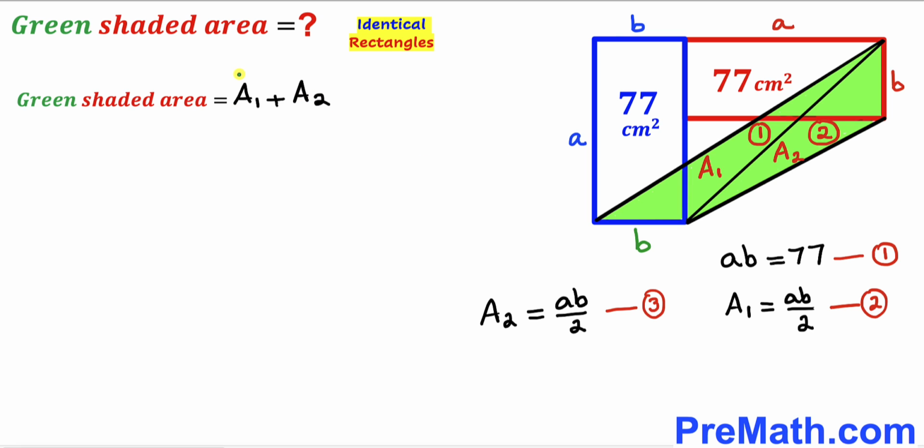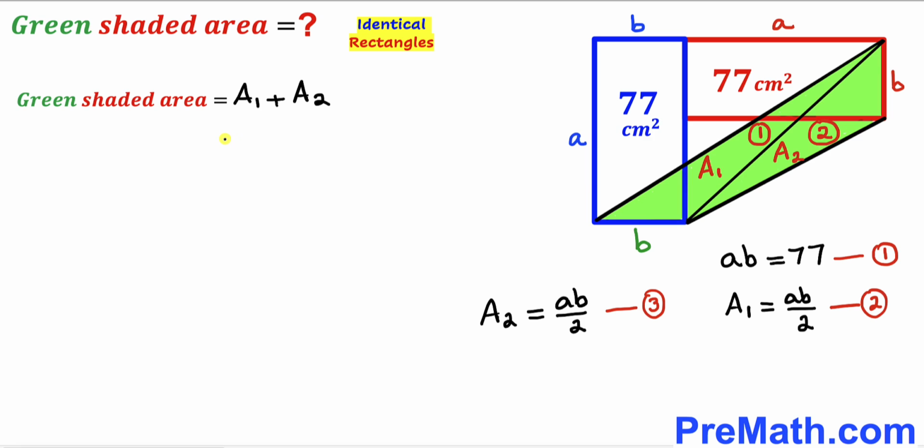And we can see our a sub 1 area from equation 2 is a times b divided by 2. So I'm going to substitute over here. And likewise our a sub 2 area from equation 3 is a times b divided by 2 as well. And I'm going to substitute that area over here.